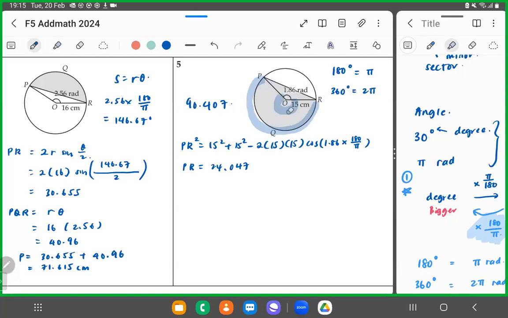So in order to find this one, I can take 2 pi minus this angle, 1.86. So S equals R theta. The S refers to PQR, the radius is 15, and theta is 2 pi minus 1.86.